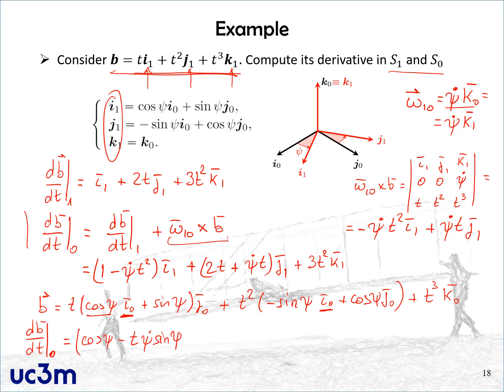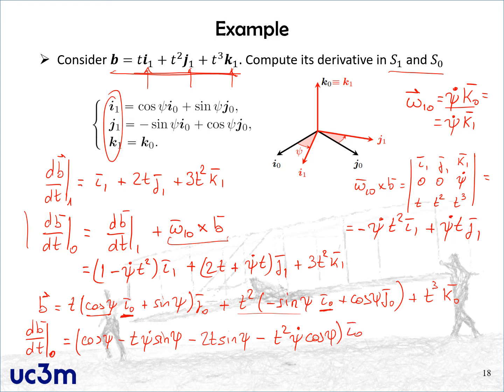Then moving on to this other term here, I have plus 2t with minus sign, so this becomes minus. And then the derivative of the sine gives me psi dot cosine psi. So all this goes in the direction of I0.